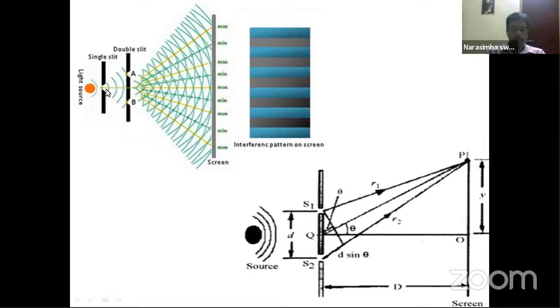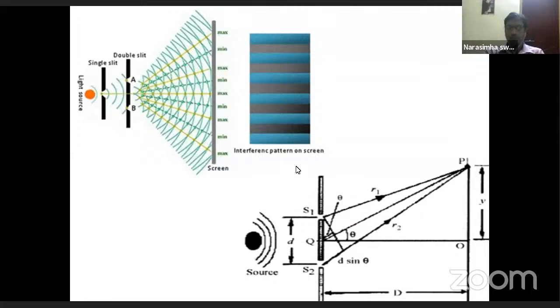This first slit acts as the source over here, and the second slit acts as a source too.